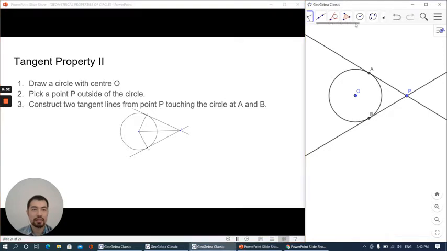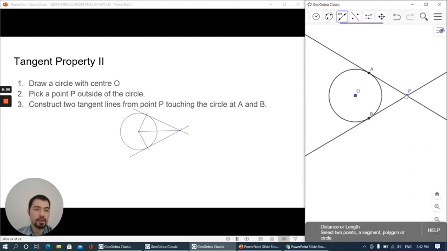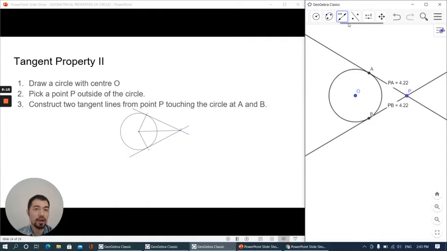Let's take a look at some of the elements. We have the distance of P and A, that's 4.22. And how about P and B? Oh, it's the same.